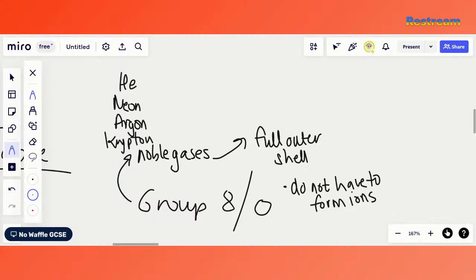As you go down the group, the melting point and boiling point increase because there are more electrons, and as there are more electrons, this means there's a greater intermolecular force between them, which needs to be overcome. Therefore, more energy is needed.